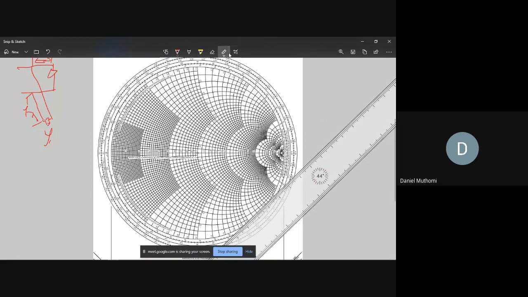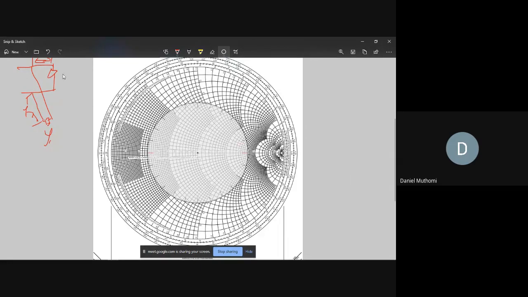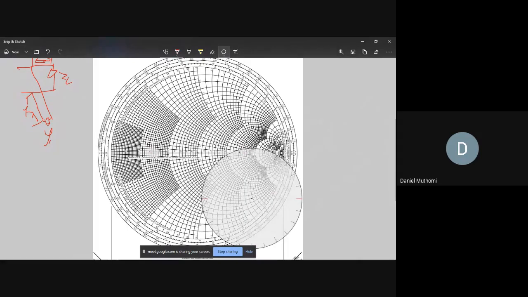So it will be the same as before. You'll be given a ZL. This is your ZL. So like before, you get the normalized one, the small zL, and then you come to your Smith chart, you plot the resistive and the reactive part.